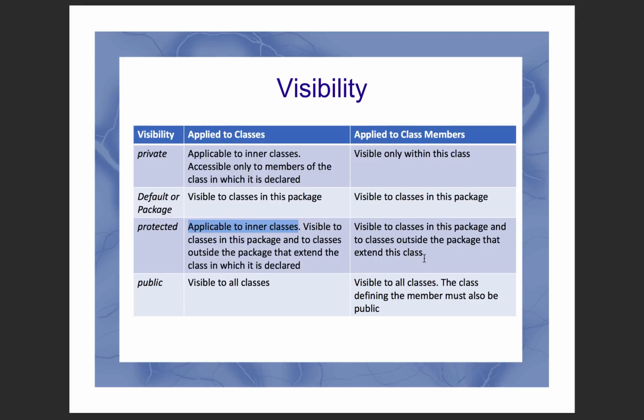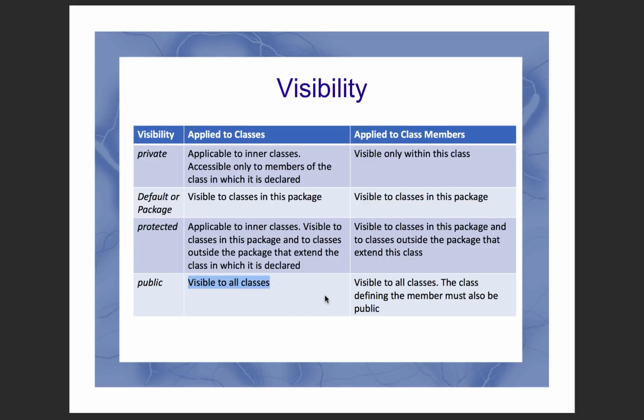That means if any class extends some class from a different package, then you can access the protected members of that class. So if you inherit from classes in other packages, then you can access those protected members. And public is accessible from anywhere.